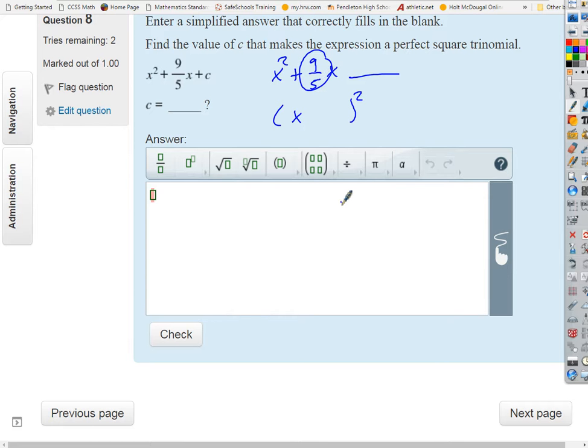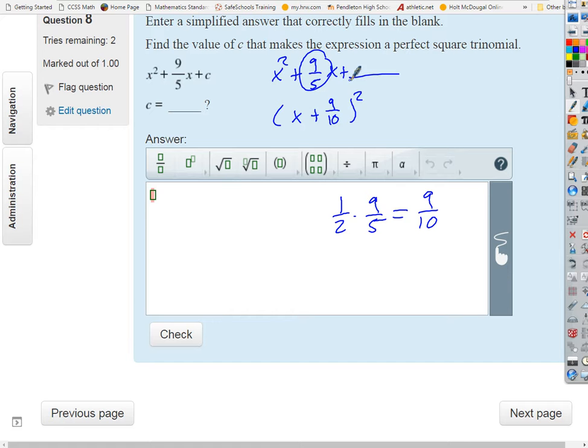They're completely equivalent. So 1/2 times 9/5 is a much easier way to deal with it if it's a fraction. I just multiply fractions straight across. So this gives me 9 on the top and 10 on the bottom. So 9/10 is the number that's going to be combined with x inside the square.